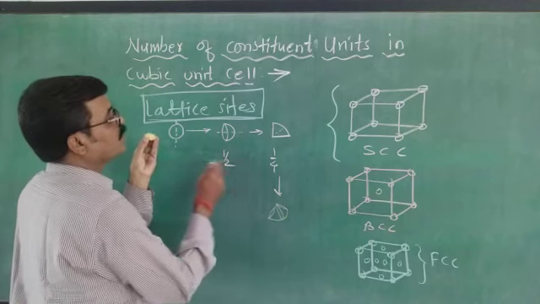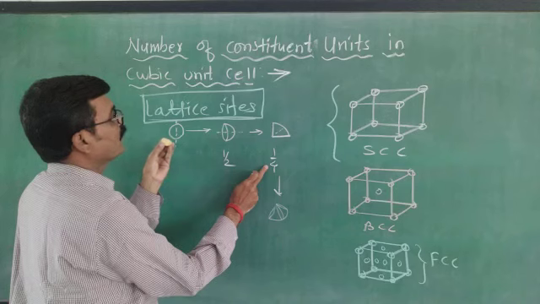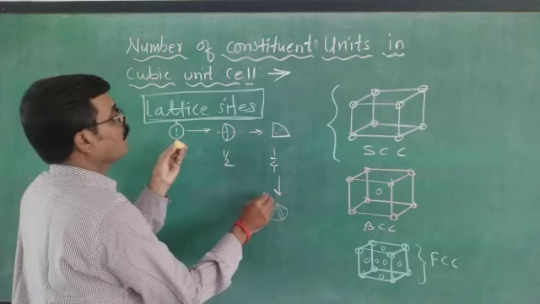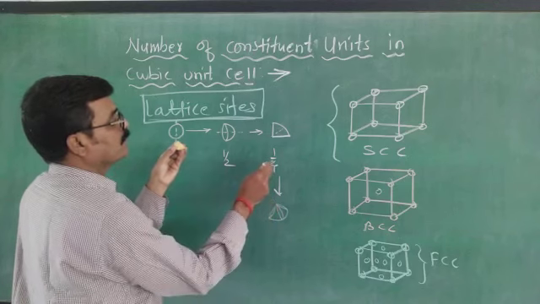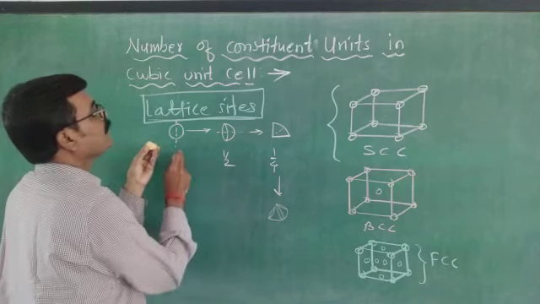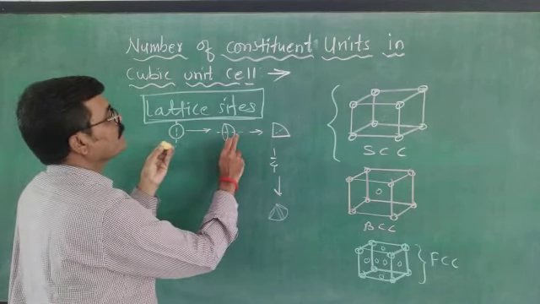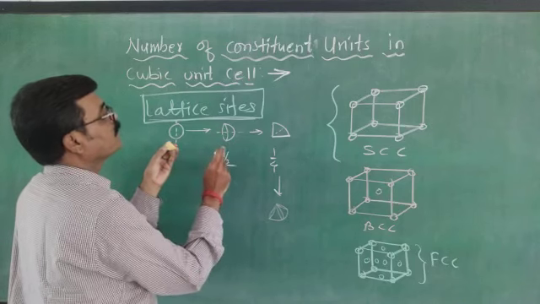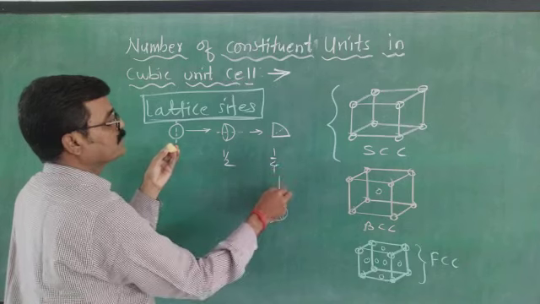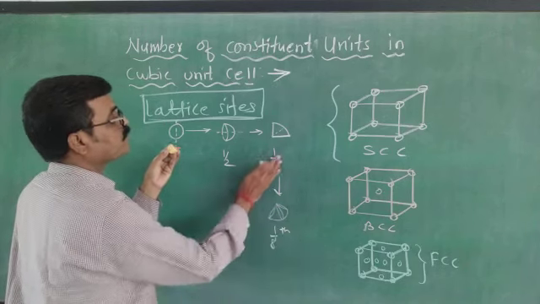Now it is half, then 1/4, then 1/8. If we cut the half portion, it gives 1/4, and then cutting again gives 1/8 portion.